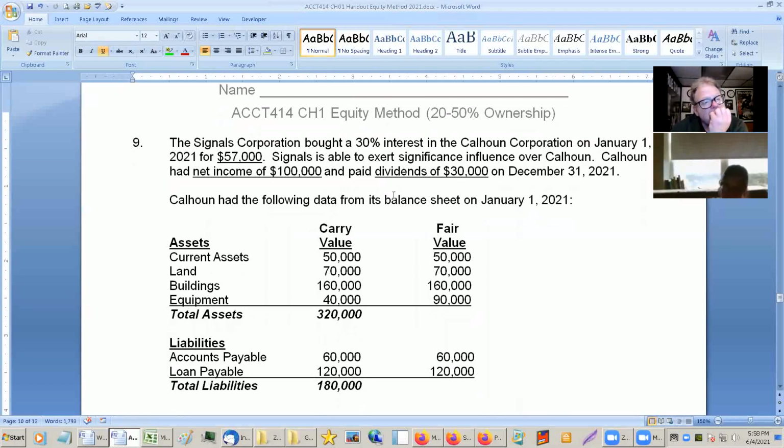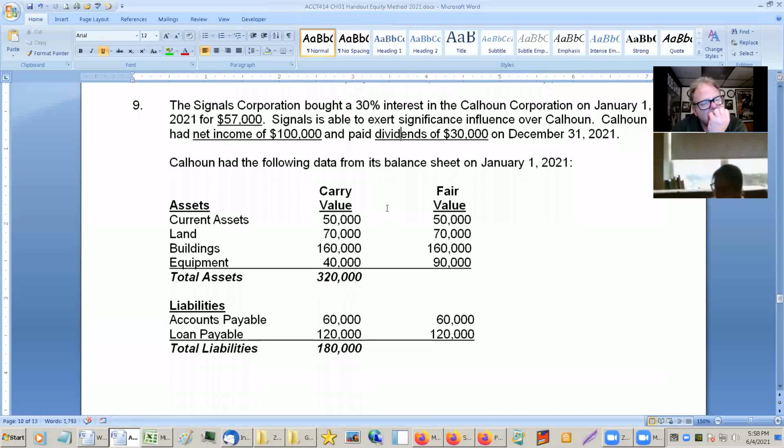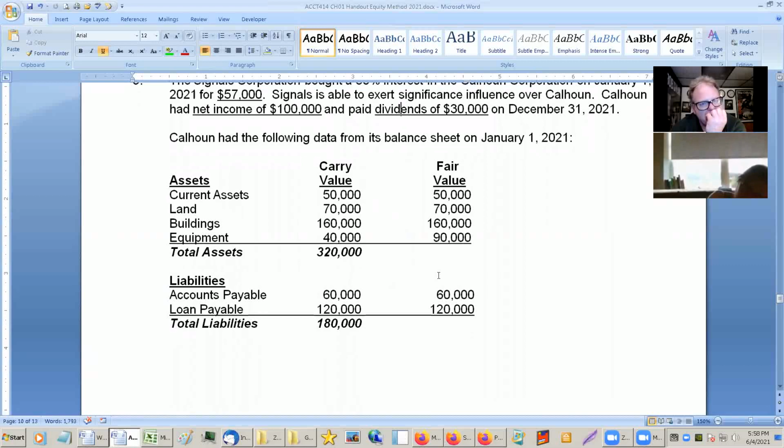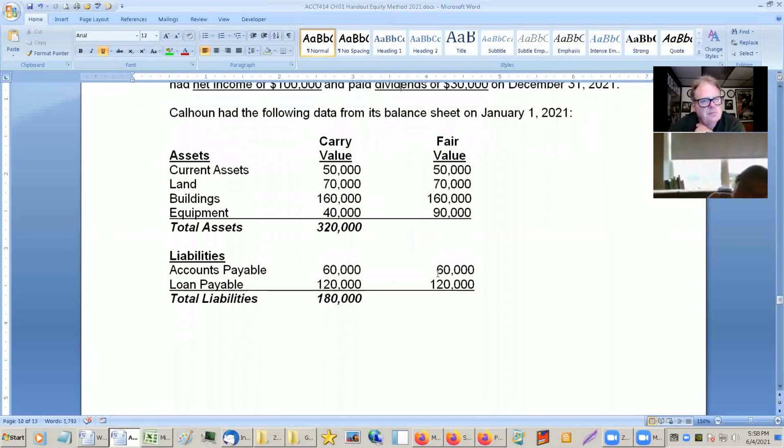Okay. All right, so the fair value is, this time it goes up by 50,000 because of the difference in equipment, so it'd be 37,000 is the fair value. But the liabilities would remain the same at 180,000.